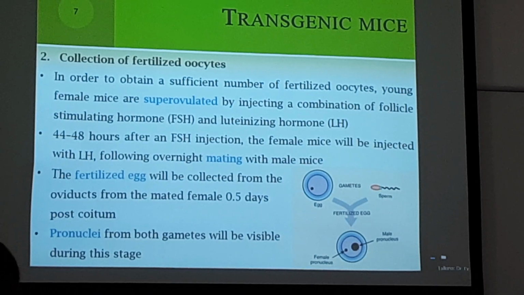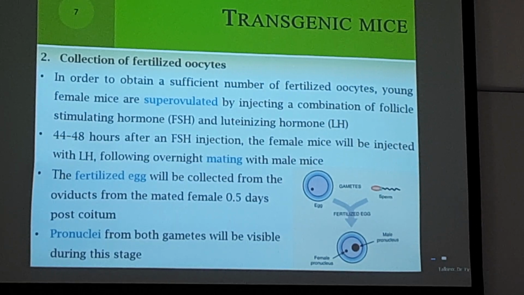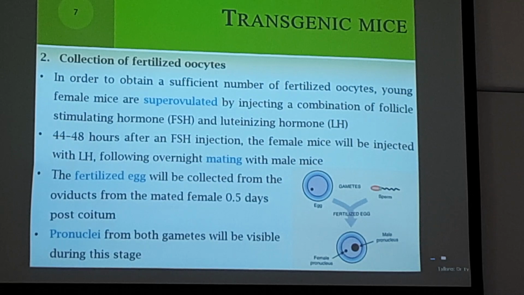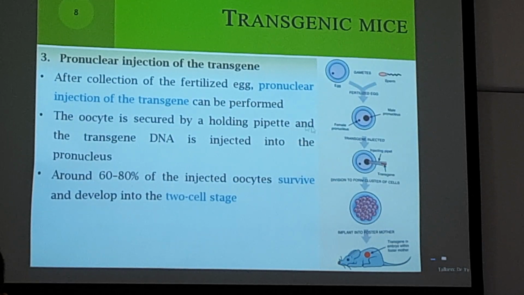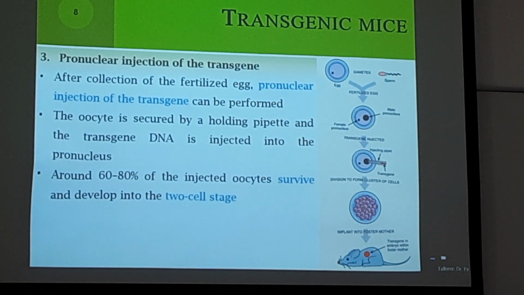You stimulate her to produce eggs, which are fertilized, but then you have to remove the original DNA materials because you want to put in yours. So at some point, you have to inject the DNA into the pronucleus, and then you culture it, so some steps like this.